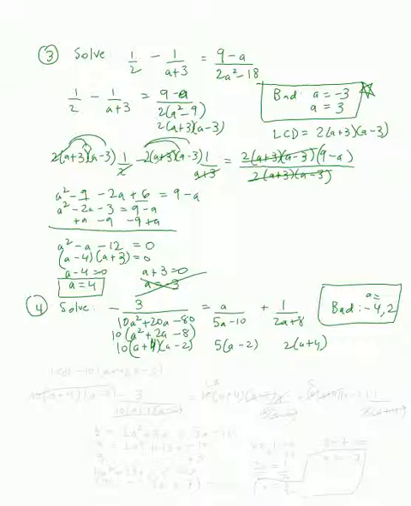Now, let's write down the LCD. The LCD is going to be 10, a plus 4, a minus 2, since all the others go into that. So now I multiply every single term by this giant LCD. Kind of annoying to write, but trust me, you're going to do a much better job if you write everything out.